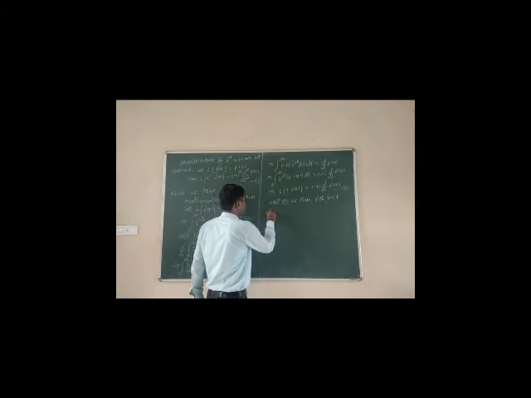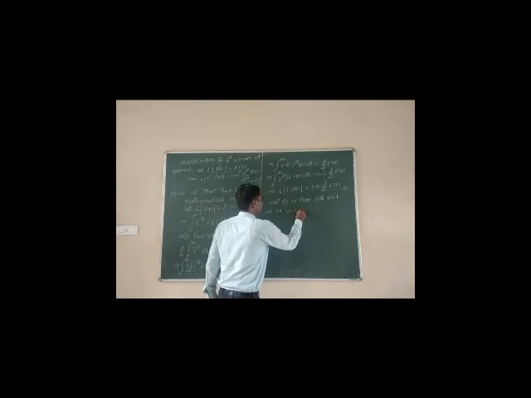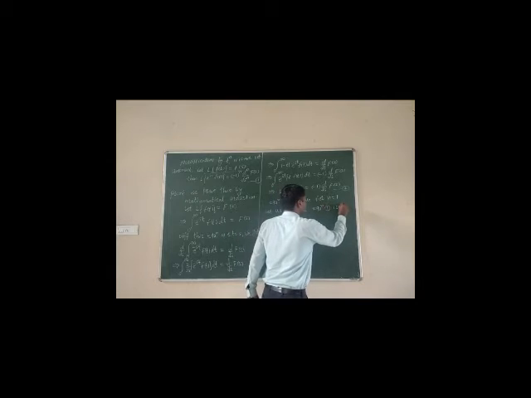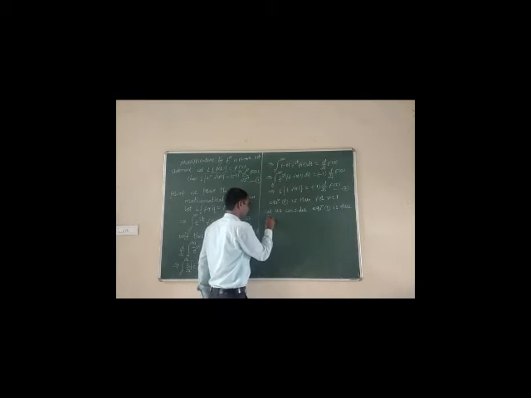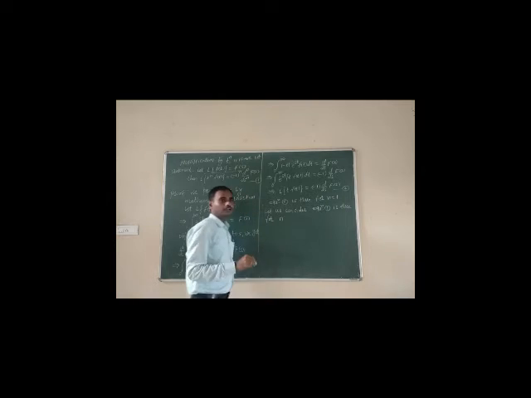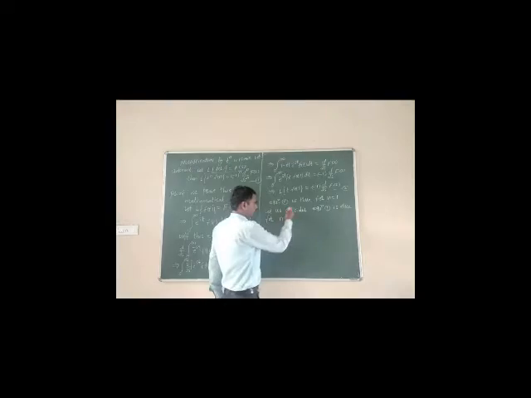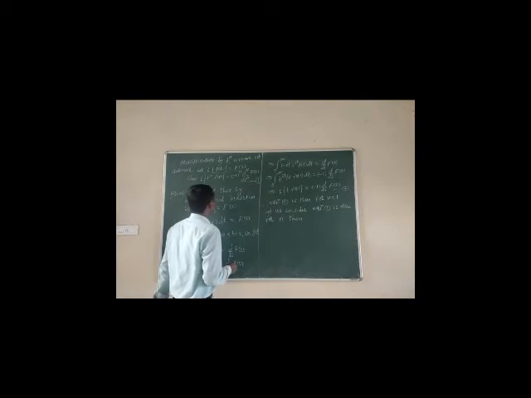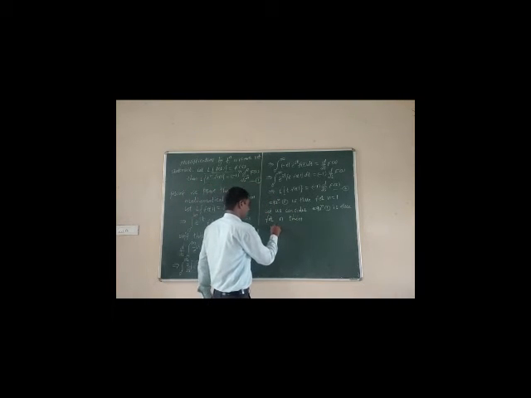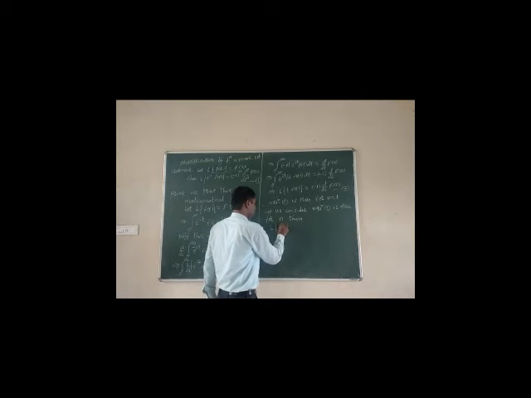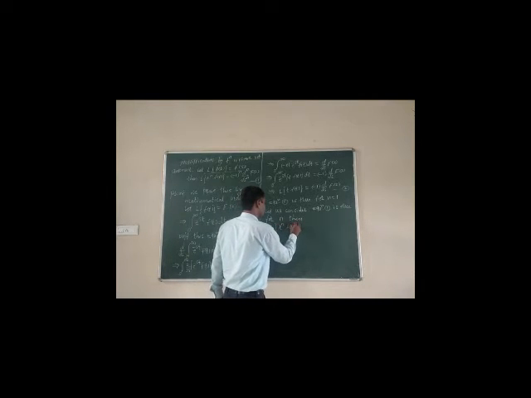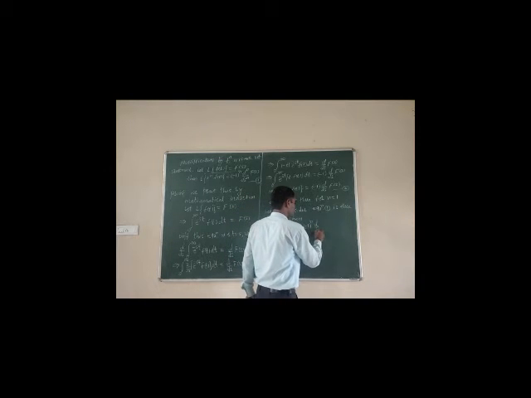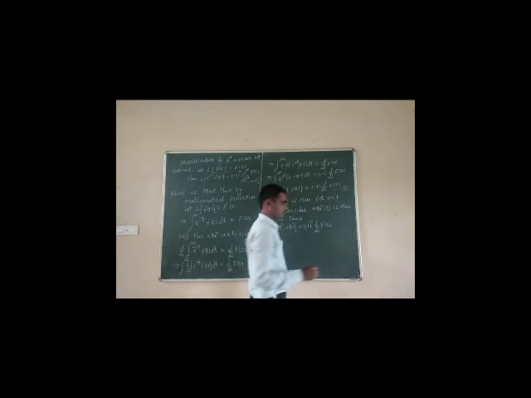Now, let us consider equation 1 is true for n. If it is true for n, then from equation 1, Laplace of t raised to power n into f of t is equal to minus 1 to the power n into nth derivative with respect to s of F of s.